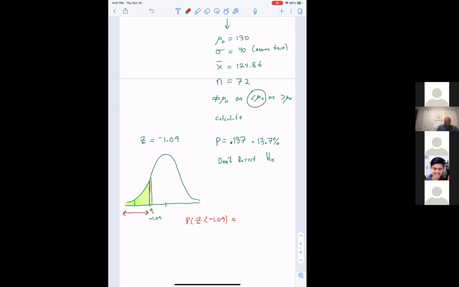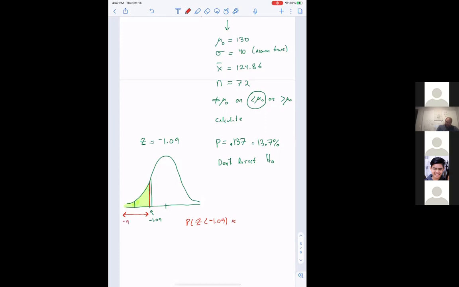Negative 1.09 is the upper. What's the lower? Yes, negative, lots of nines. What's the mean? What's sigma?